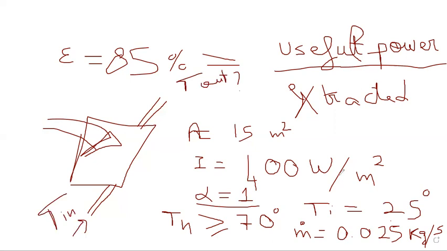Now all we have to do is a small energy balance. Water is coming in and out, and it's absorbing energy through the solar panels. So from the energy balance, we can write Q dot absorbed, because we have the values in watt, energy per unit time.